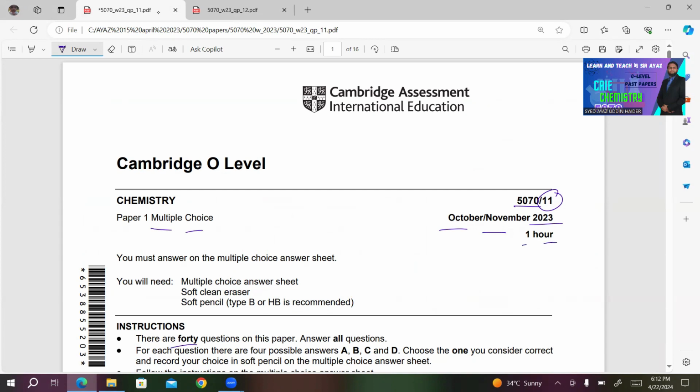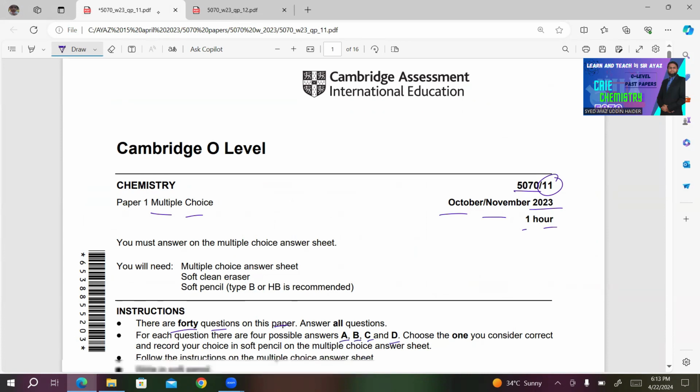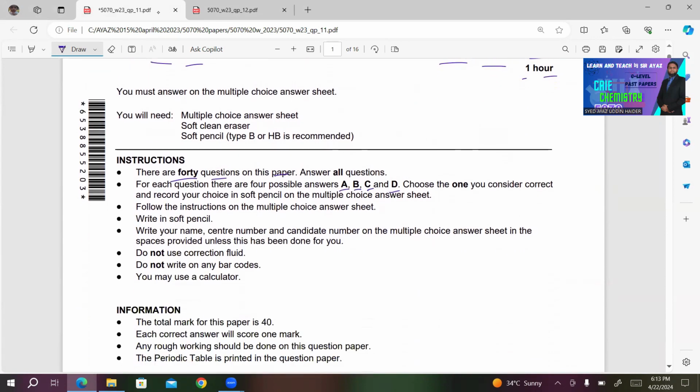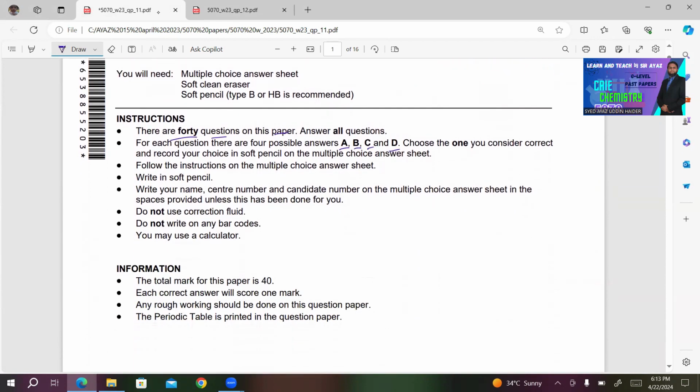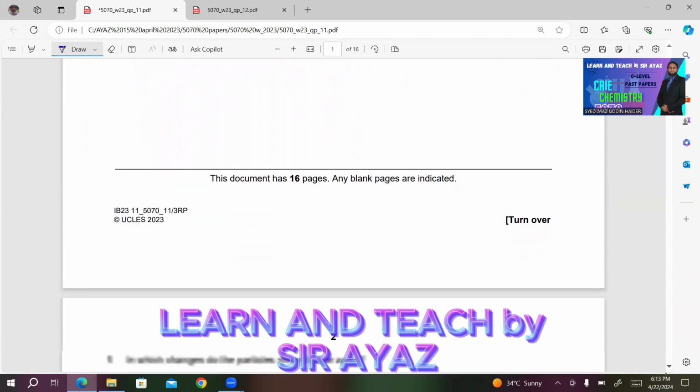There will be 40 questions on this paper, and there are 4 possible answers, A, B, C, and D. You have to choose one of the correct answer. Total mark for this paper is 40. Periodic table is printed in the question paper. So let's start the paper.